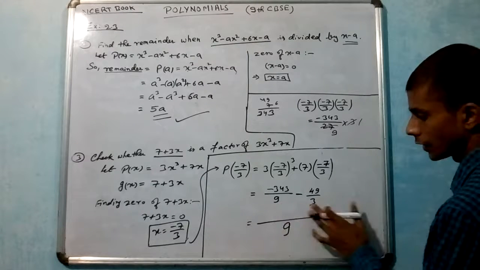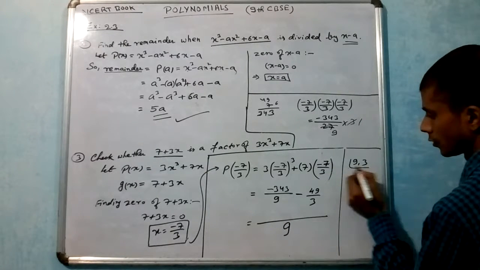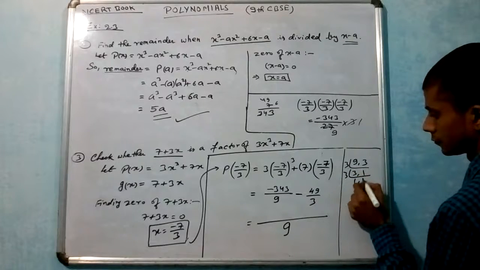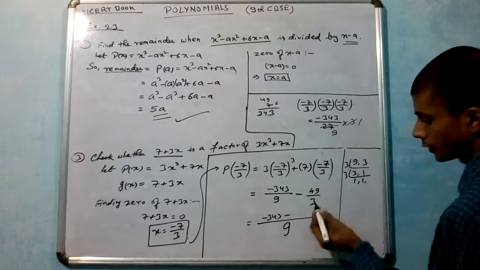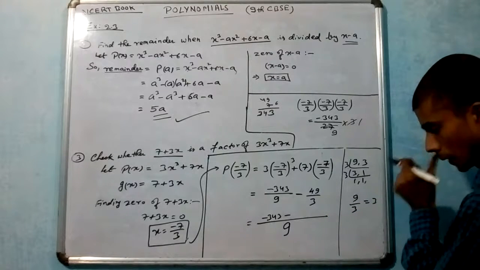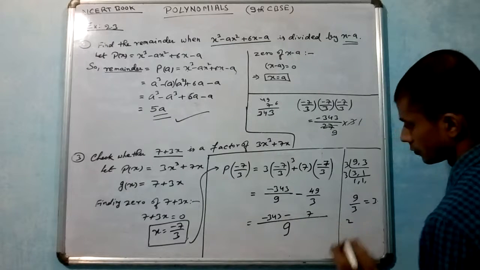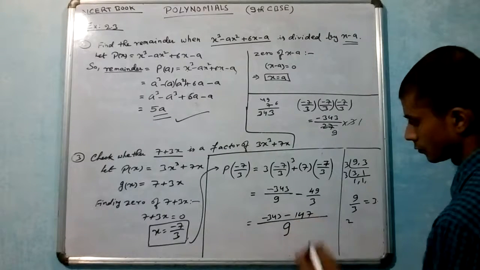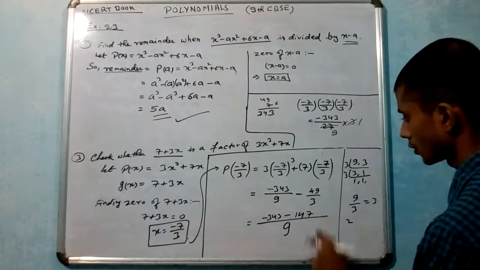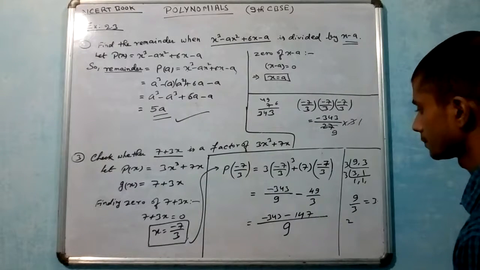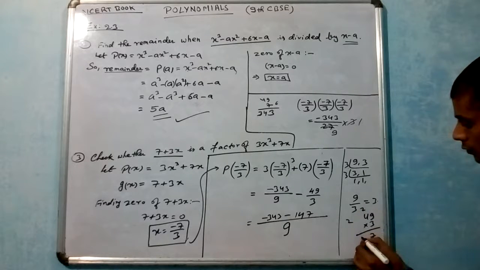Then the minus sign as it is, and 9 divided by 3 is 3, and then 3 into 49 is 147.